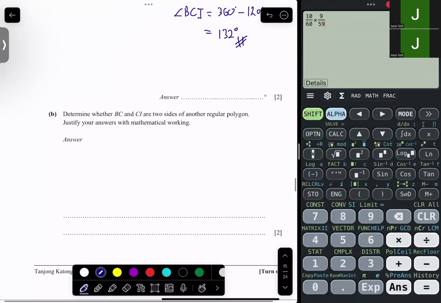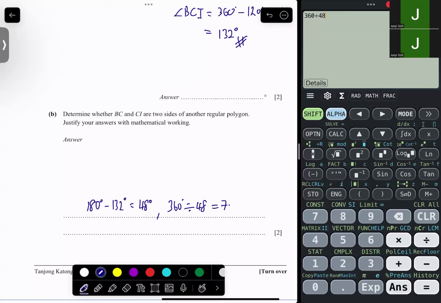So now we can use the exterior angle: 180 minus 132 equals 48. 360 divided by 48. Is it possible? 360 divided by 48, we get 7.5. So this is not possible, because we are expecting a whole number.